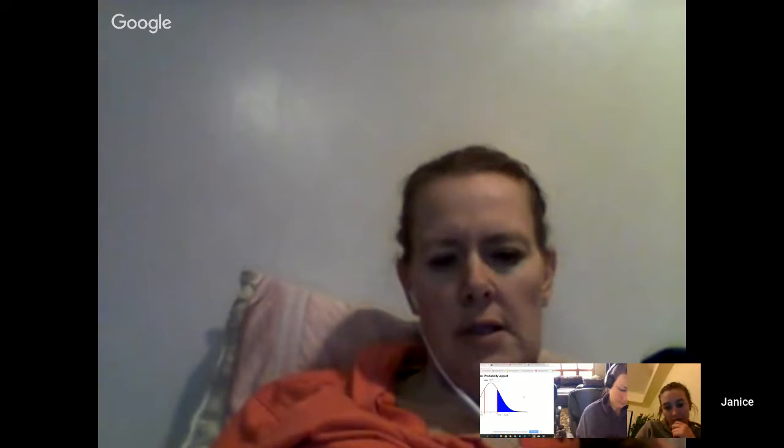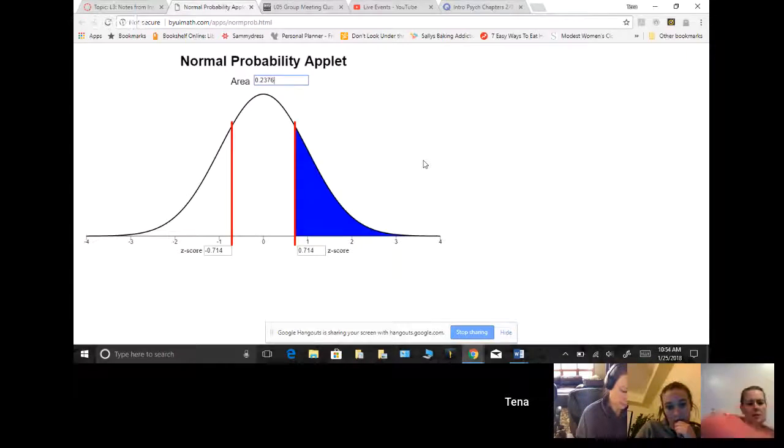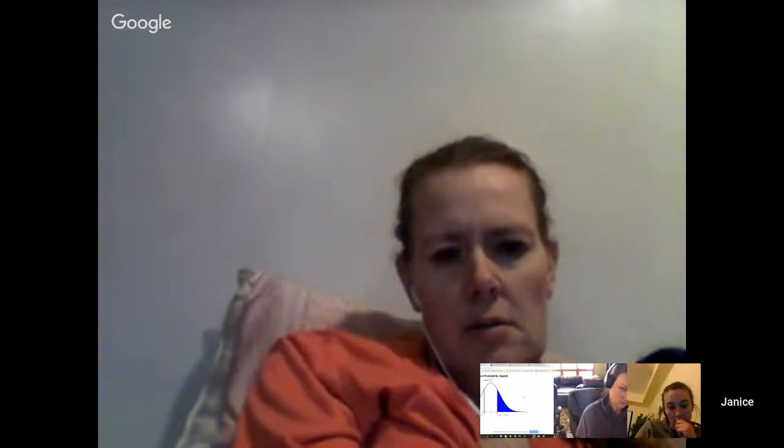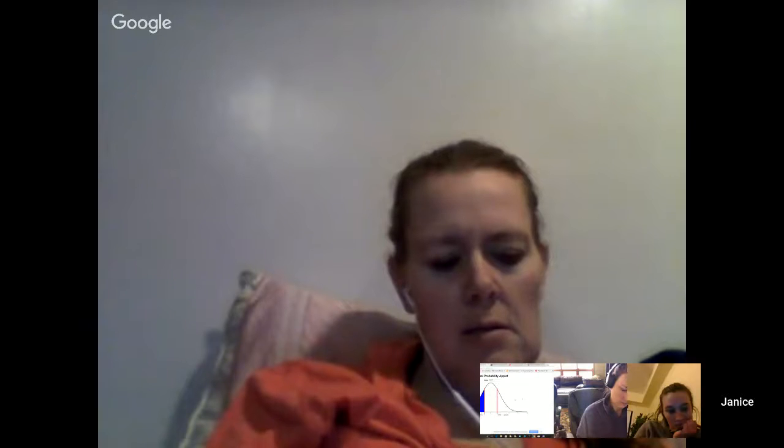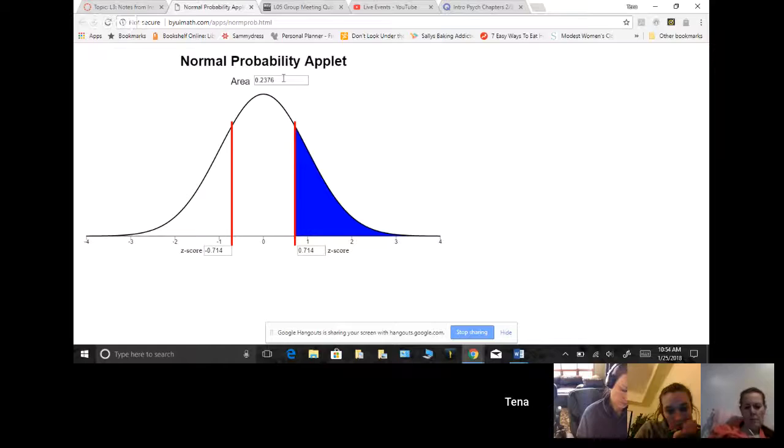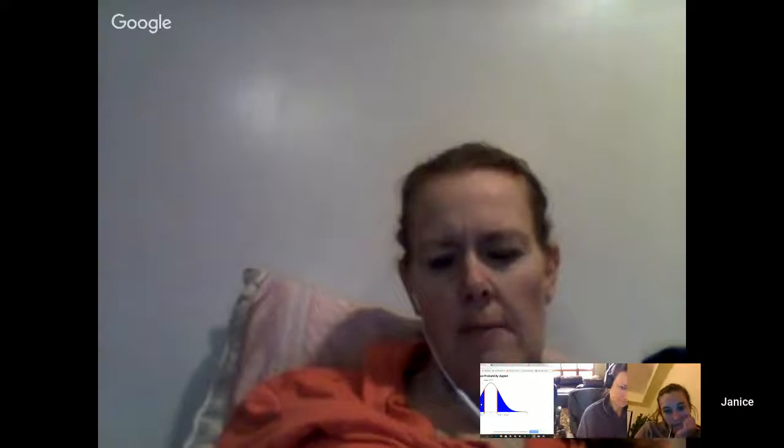That's interesting. The answer that we got on the first one was negative, the left side of the applet. Where this is 0.714, it would be the right side. But the area doesn't change. It still stays the same. So the 60 is 0.714, right?